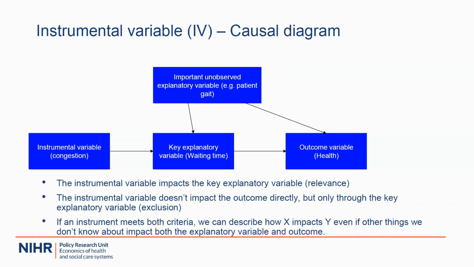That's something which isn't recorded as part of a patient's clinical information in the data set that we had, but it's something which could affect how long a patient waits. If there's more concern that that patient's going to fall because of how they're currently able to walk, then potentially they would be treated more quickly, and it could also affect the outcome, how healthy they were after the procedure.